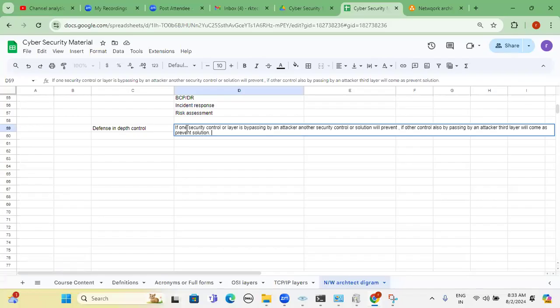This layered approach is called the defense in depth approach.